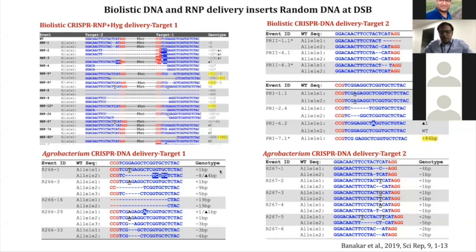What we also found was that the editing efficiency tended to be higher with Agrobacterium delivery because it has the capacity to deliver a clean single copy, or low copy number, of CRISPR reagents. So that was also more encouraging.